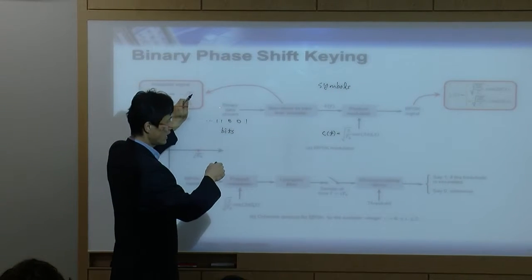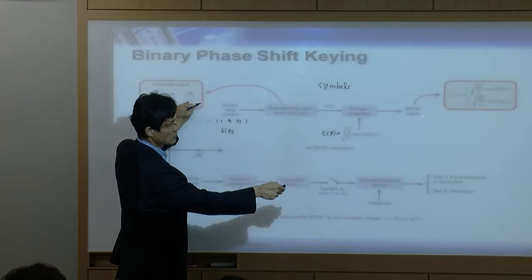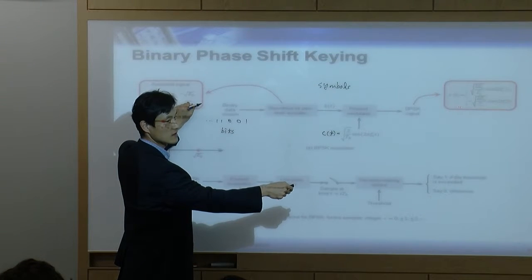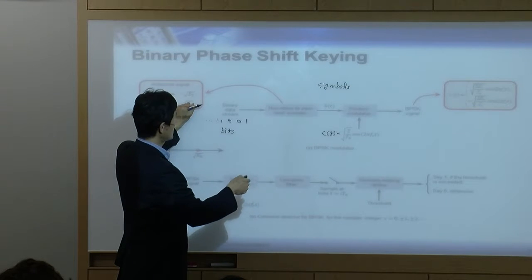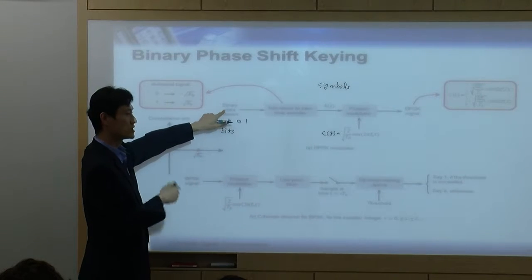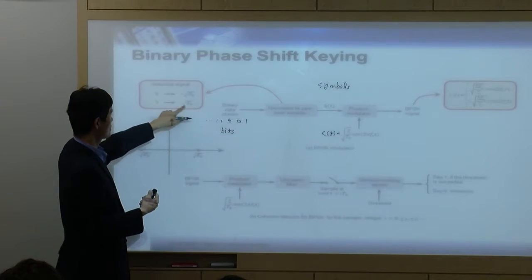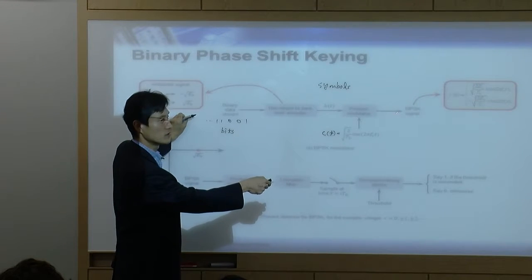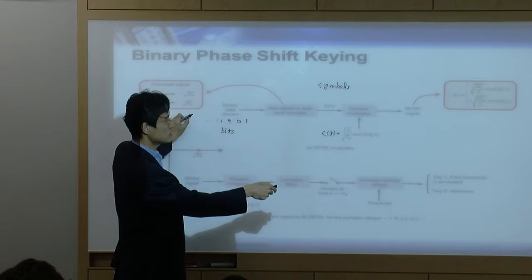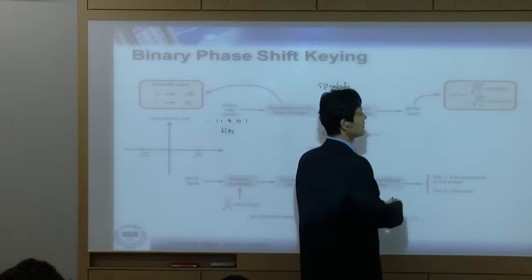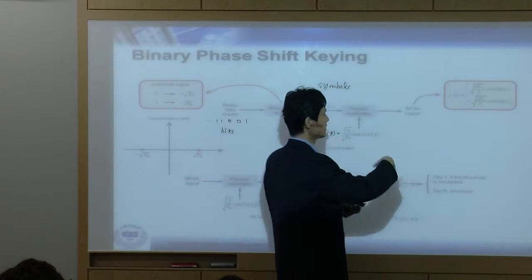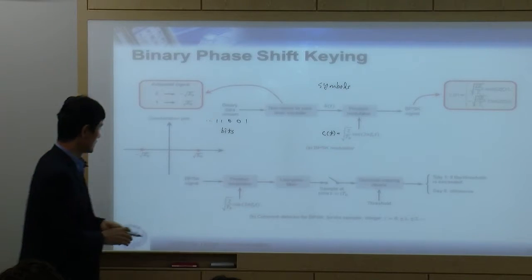So eventually, after all this process, you're going to see this output, minus cosine, right? However, when you have information 1, original bit is 1, based on this mapping, you're going to see this positive cosine at the output of the transmitter. So this is what we transmit over the air, plus cosine, minus cosine, depending on 0 or 1, right? That's what you transmit over the air.